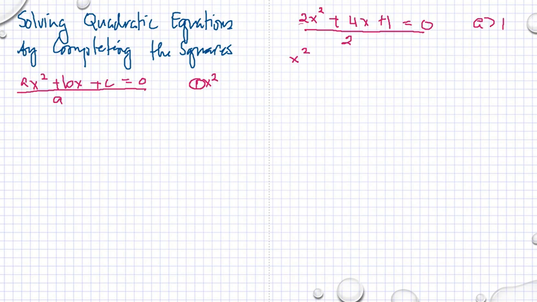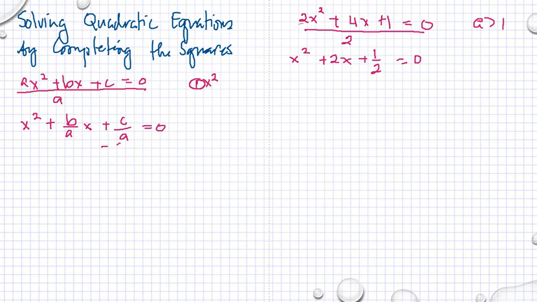So x squared plus 2x plus 1/2 is equal to 0. Then I have here x squared plus b divided by a x plus c divided by a is equal to 0. The next thing is that I don't need the constant, c divided by a, so I need to transfer it to the right-hand side of the equation.